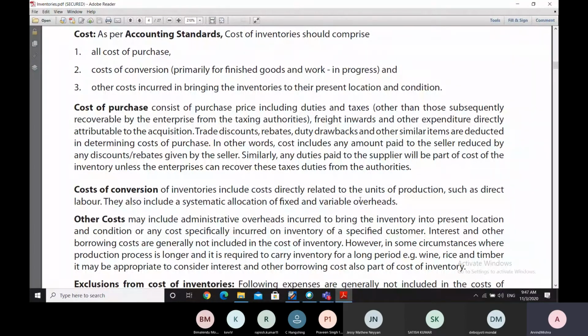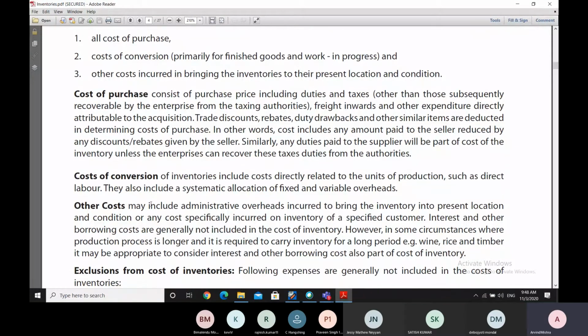There could be many other costs of conversion also. So all the fixed and variable overhead expenditures that are being undertaken, we are allocating those expenditures in a systematic way in order to calculate the cost of conversion. A detailed analysis of how the cost of conversion is calculated in the factory will come later on.